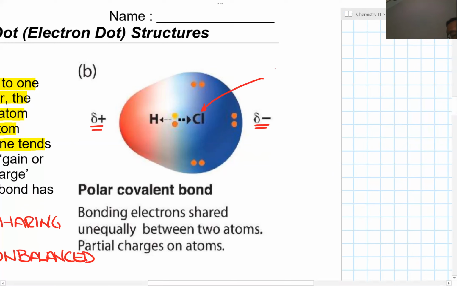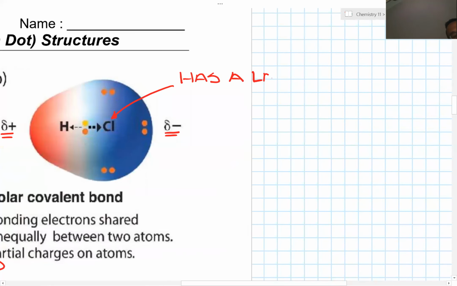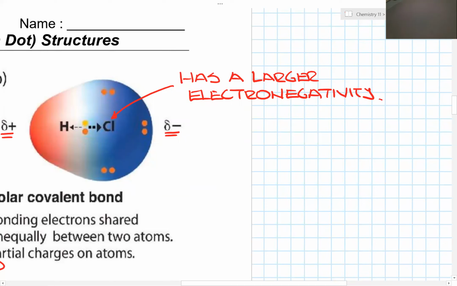Because chlorine has a larger electronegativity. So whichever side has a larger electronegativity will get the partial negative charge, okay?